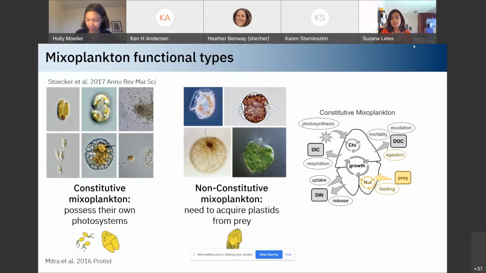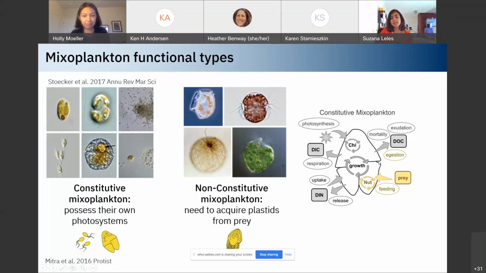So this is a conceptual schematic of a constitutive mixoplankton in our model. The cell is able to photosynthesize, to take up inorganic nutrients, it respires, it releases DOC back to the environment, and it is also able to prey on specific prey types. And what is interesting about this model is that since we account for variable stoichiometry, we are also considering some synergies that can happen between phototrophy and phagotrophy.